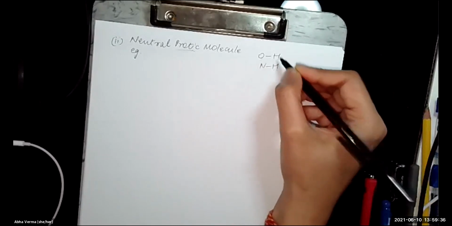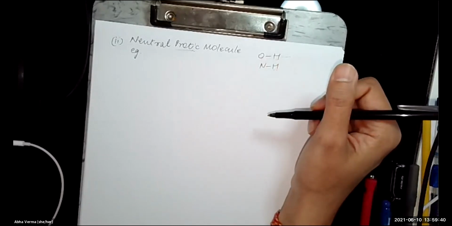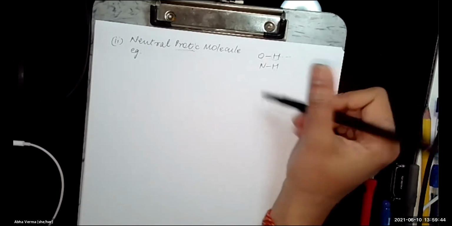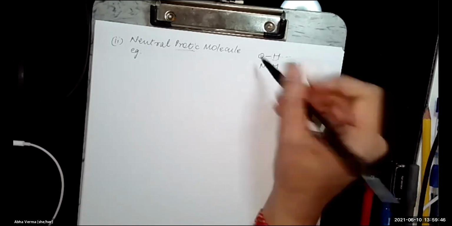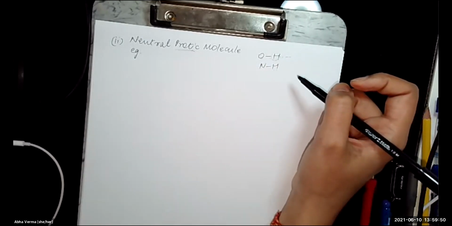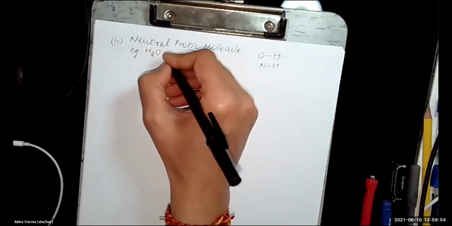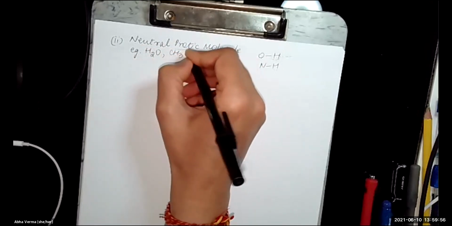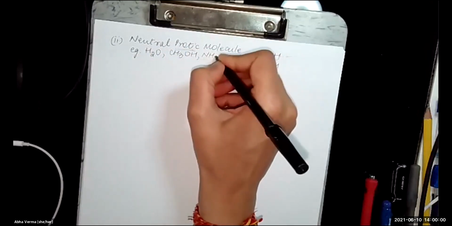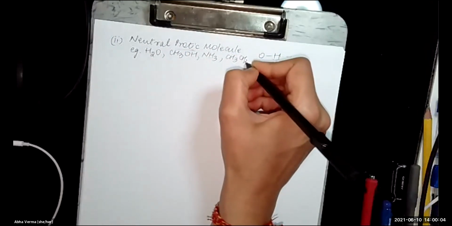These hydrogens, which can make hydrogen bonds with other molecules, are known as protic materials. They can give away a hydrogen. They can hydrogen bond with other molecules. For example, water, alcohols, ammonia, amines, ethylamine, let's say.